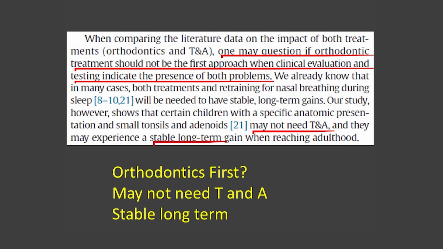They're not recommending that, they're just saying, think about it. Parents say, oh, I don't want to do surgery. Okay, there's a non-surgical approach that shows pretty good results. Go talk to your orthodontist. You may not need a tonsillectomy or adenectomy. And the great thing is there's good research that shows you can get stable, long-term results from this.